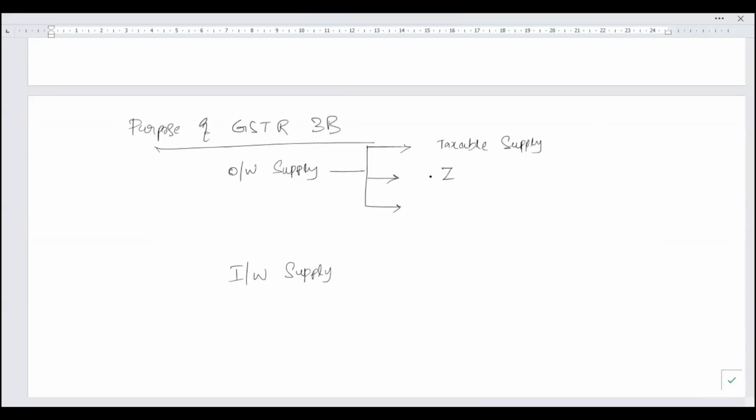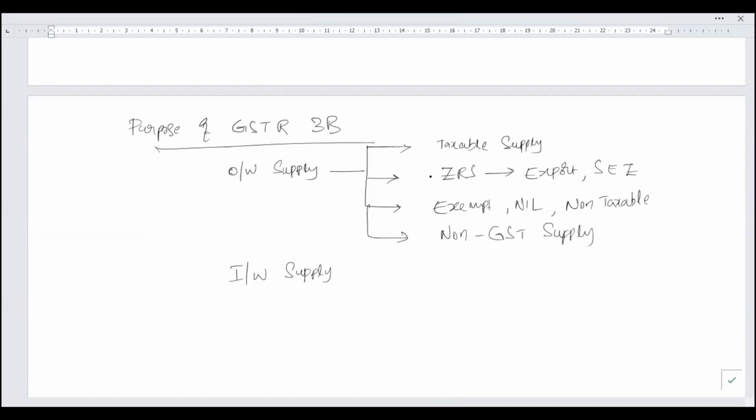Second is zero-rated supply, which is your exports or SEZ transactions. Third category: exempt, nil rated, non-taxable. Finally, we have one more limb called non-GST supply.